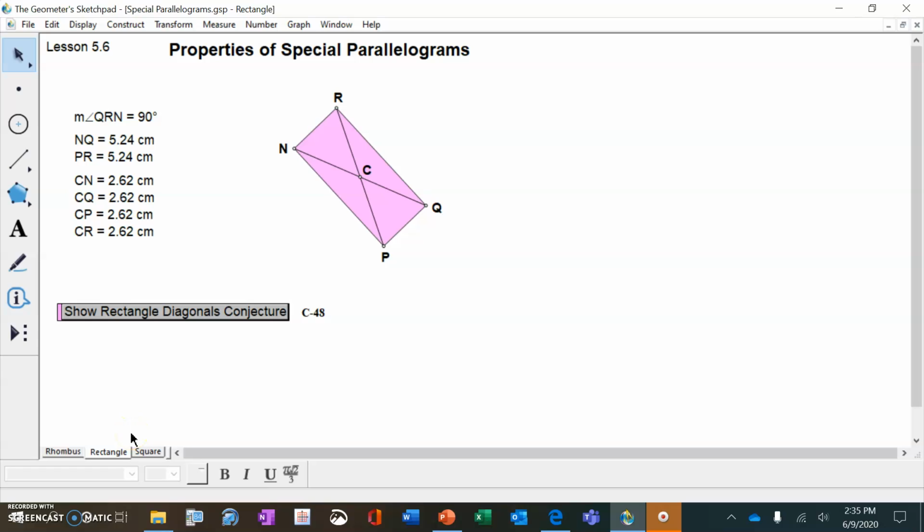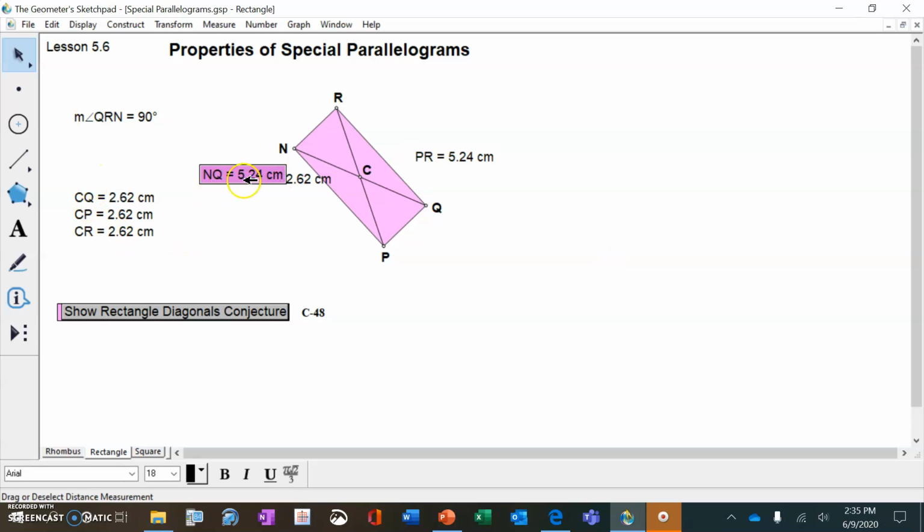the first conjecture for the rectangle says the diagonals of a rectangle are. If I look at the diagonals, what are they? NQ and RP. So if I look at NQ and I look at RP or PR, they are equal to each other. Then I have these parts here.